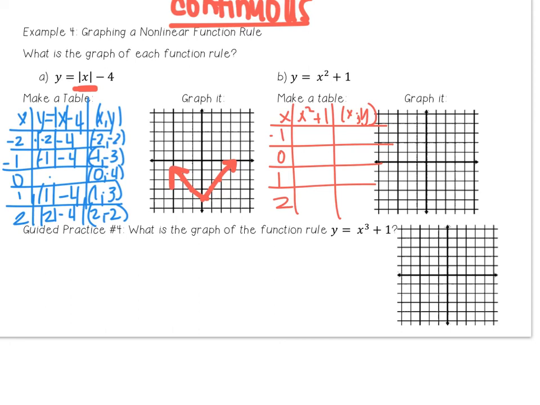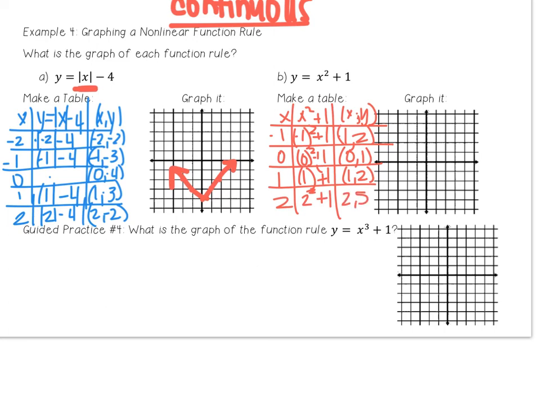So -1 squared plus 1 is going to be 1 plus 1, which is 2. 0 squared plus 1 is going to be 0 plus 1, which is 1. 1 squared plus 1 is going to be 1 plus 1, which is 2. 2 squared plus 1 is going to be 4 plus 1, which is 5.